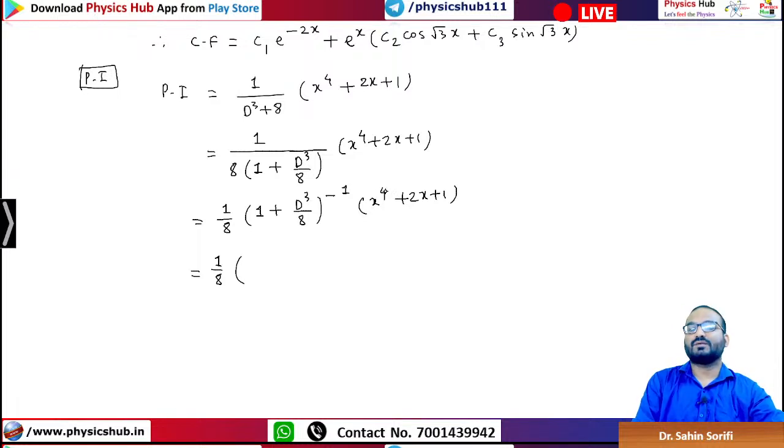if the maximum power of x is 4, how many orders of differentiation do you need to do? After the fifth derivative, everything will be 0. If you take one time derivative, the x to the power 4 will be x cube, second time derivative x square, third time x, and fourth time 1, and fifth time the derivative of a constant will be 0.